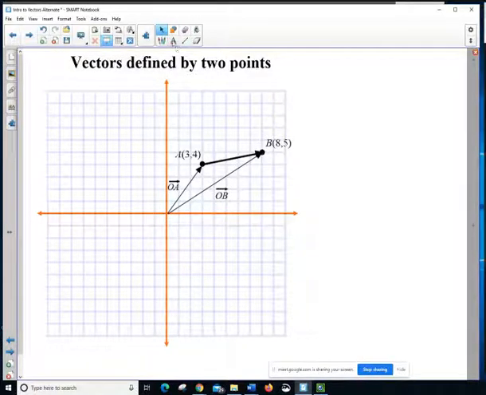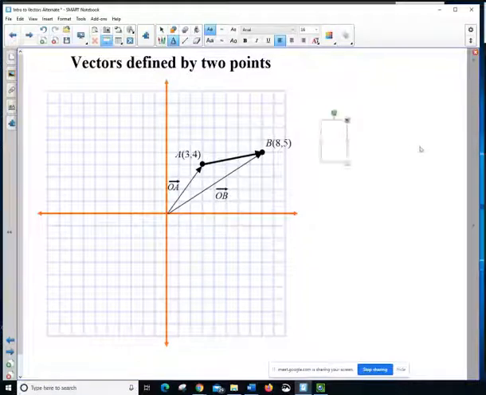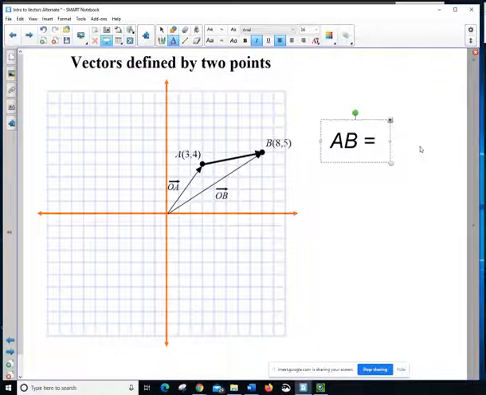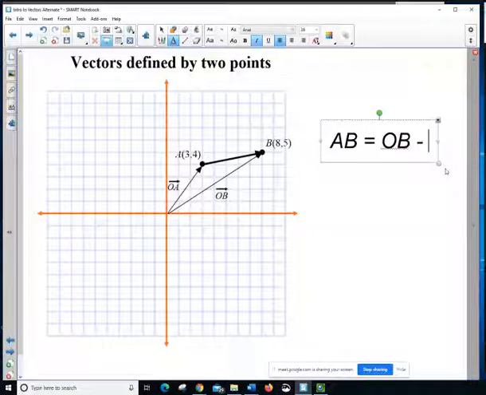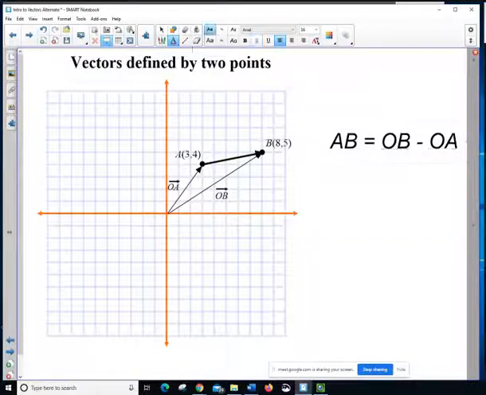So that means that if I want to find the vector AB, this is going to be the first vector, OB, minus OA.